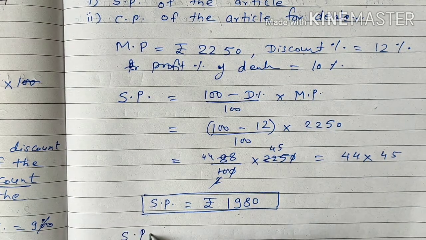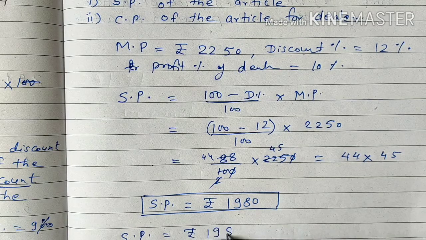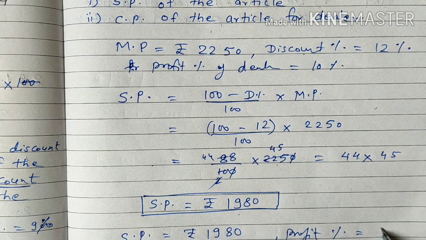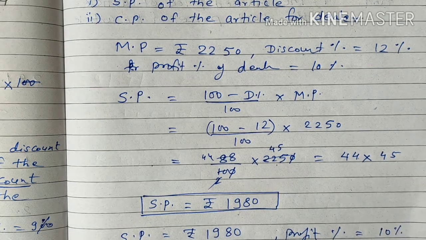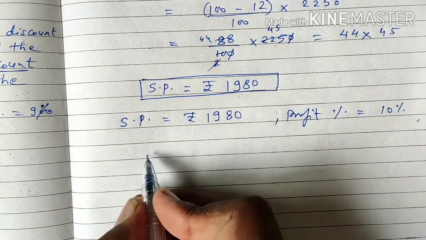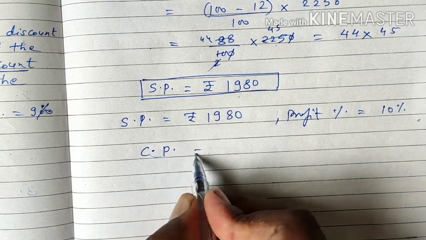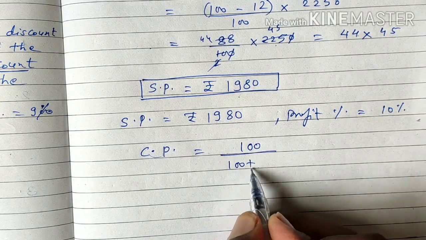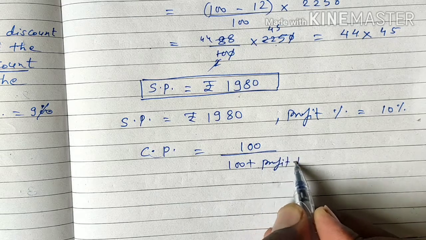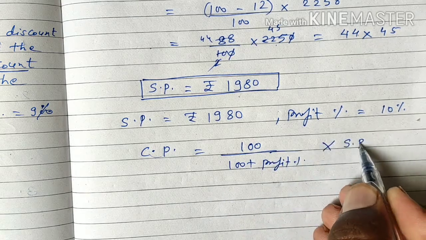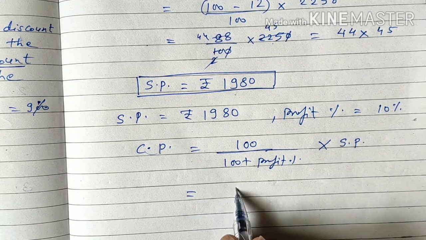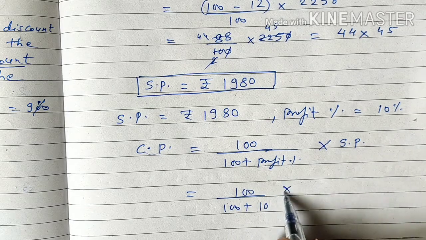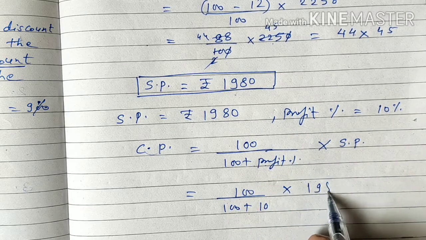Selling price is rupees 1980, and profit percent is 10%. Now to find the cost price, again we have the formula: 100 upon (100 plus profit percent) multiplied by SP. Got it? So 100 plus profit percent is how much, and selling price is 1980.